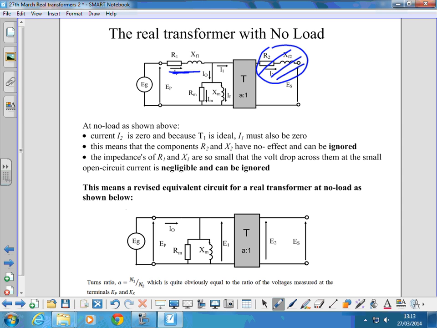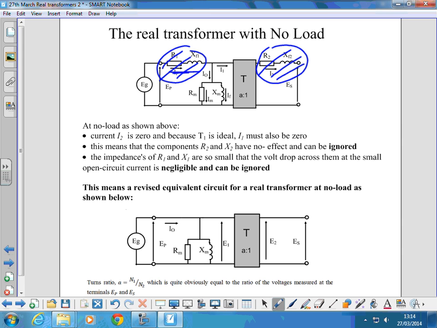But in general, R1 and XL1 are so small compared to RM and XM that R1 and XL1 can be ignored. Because these, as we're going to see later, could be as high as several tens of kiloohms, and those are in ohms. So adding a couple of 3 ohms onto kiloohms doesn't make a great deal of difference. So you can ignore those two. They go as well.